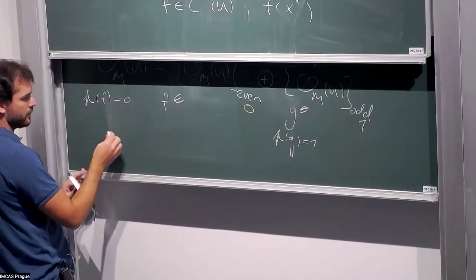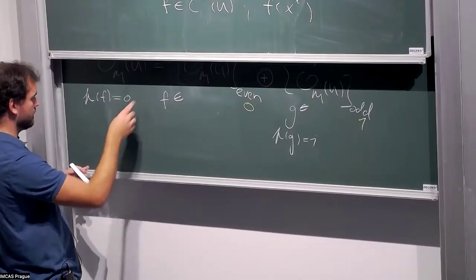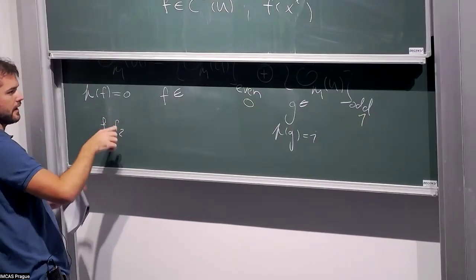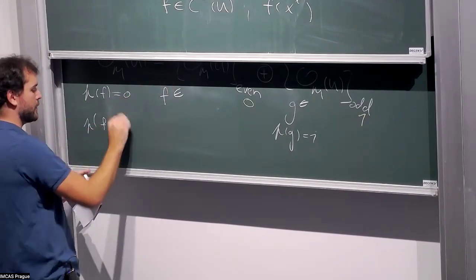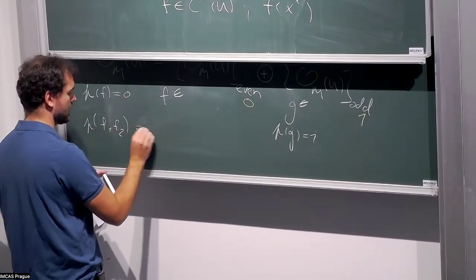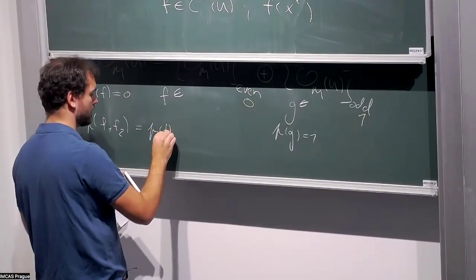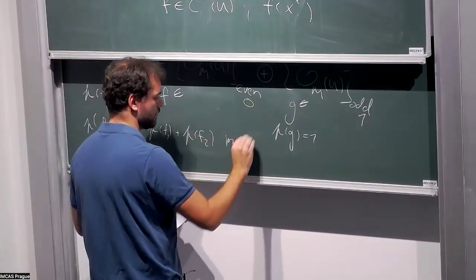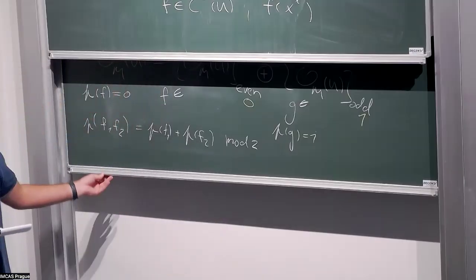And if you multiply f1 and f2, if these are homogeneous elements, then the parity of the product is the parity of f1 plus the parity of f2, modulo 2.